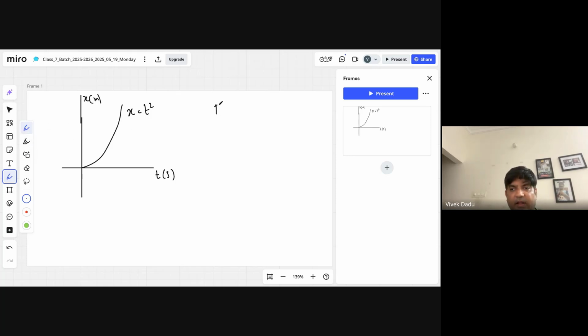Let's say find its velocity or instantaneous velocity at t equal to 3 seconds. What do we do for that? We first plot the 3-second mark on the graph.